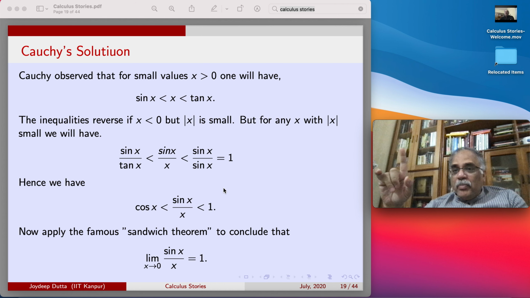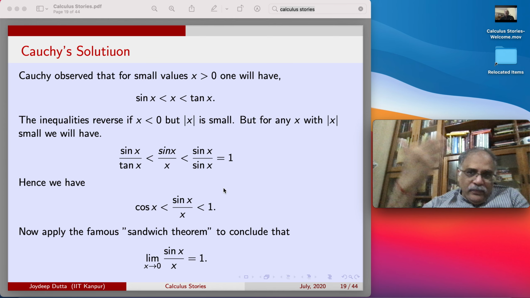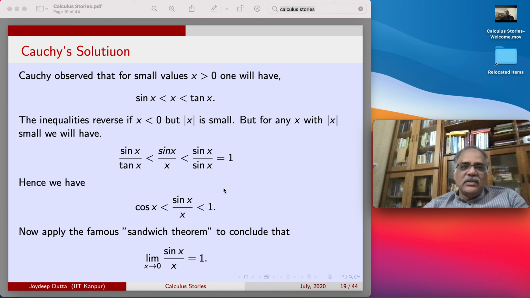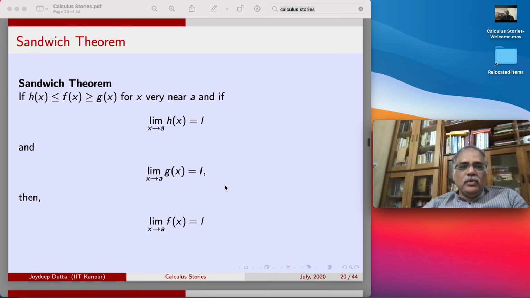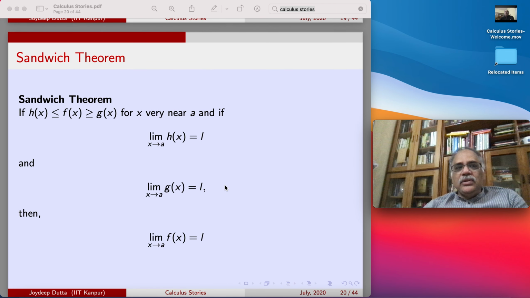And here we apply what is called the famous sandwich theorem of limits. For those who want to recollect the sandwich theorem, let me tell you. Oh, I had made a mistake. Please correct it; I will correct it in my next slide.